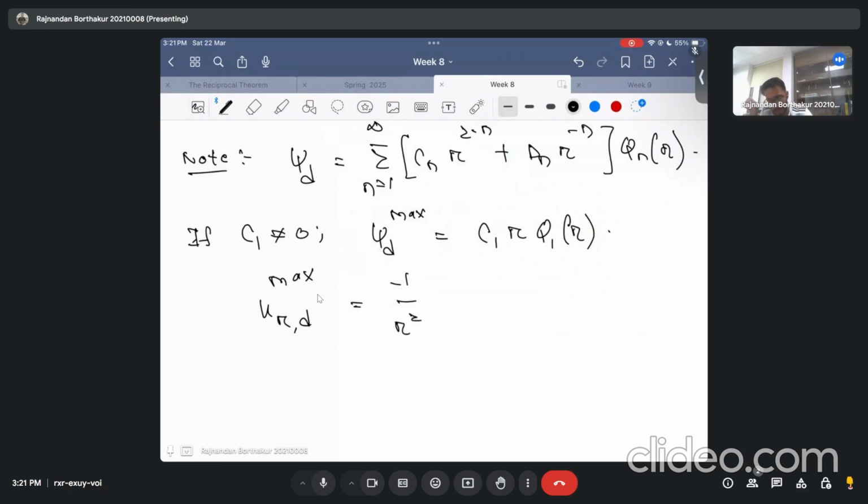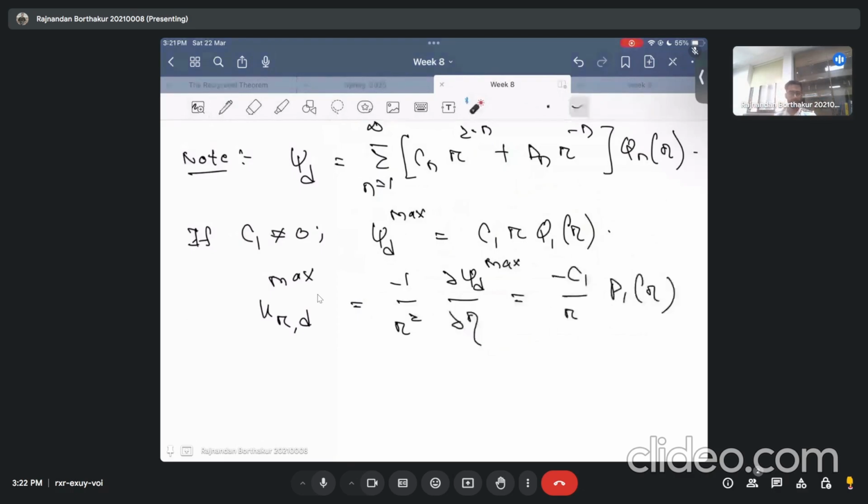That's the relationship between the stream function and the velocity component in spherical coordinates. So it would be del psi d max by del eta. If you calculate, it will simply be C1 by r times P1 of eta, because you need to calculate the derivative of this, which is just your Legendres.